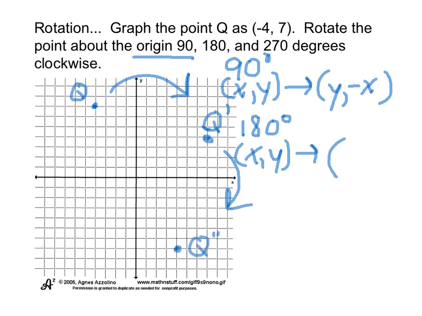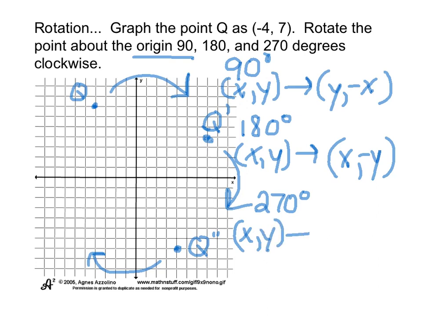So what happened is that the x coordinate, the sign changed, and the y coordinate, the sign changed. If I go 90 degrees more, I'm at 270 degrees from the original Q at (-4, 7).